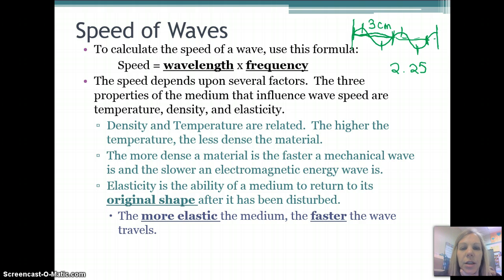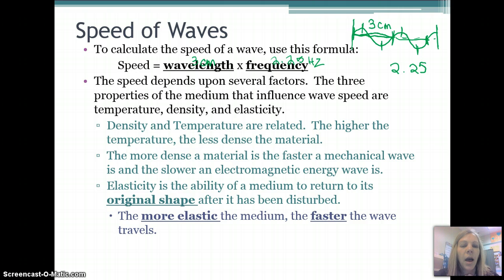So looking back at the formula, we know the wavelength is then 3 centimeters, and we know the frequency in 1 second of time is 2.25 hertz. And so all we do to figure the speed out is multiply those together.